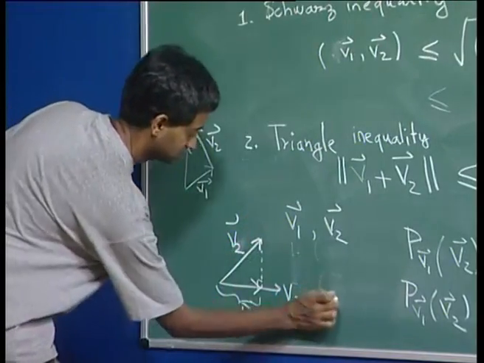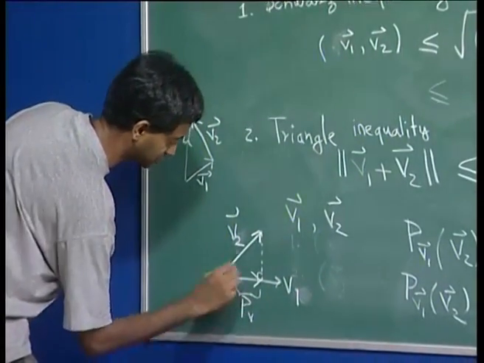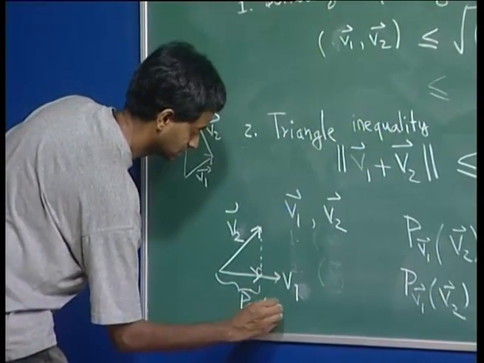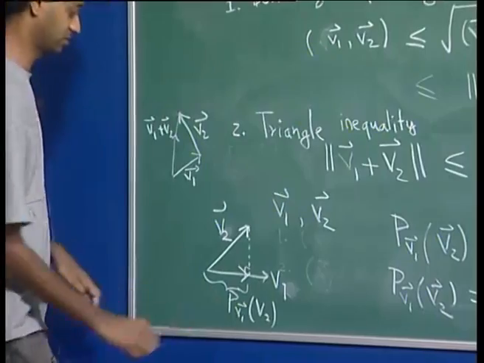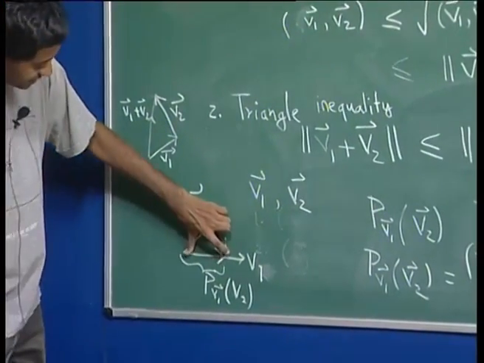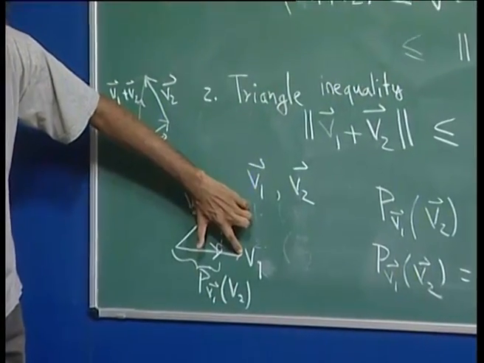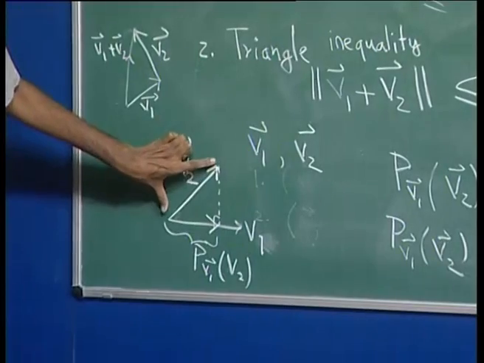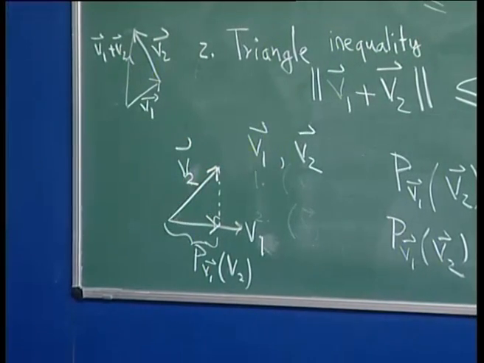You have V2 and V1, and you want the projection of V2 onto V1. So, projection of V2 onto V1 is this vector. Notice that it is a vector, it is in the same direction as V1 and it tells us something about the inner product of V2 and V1.